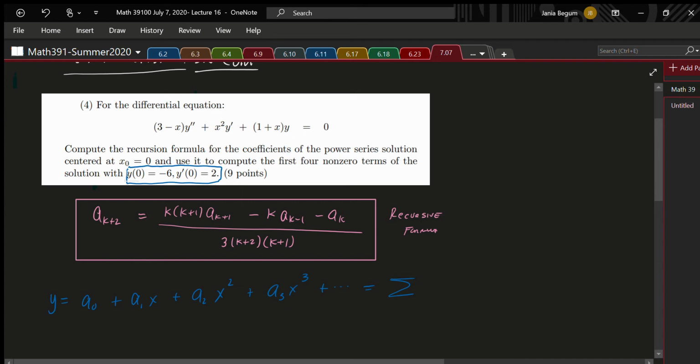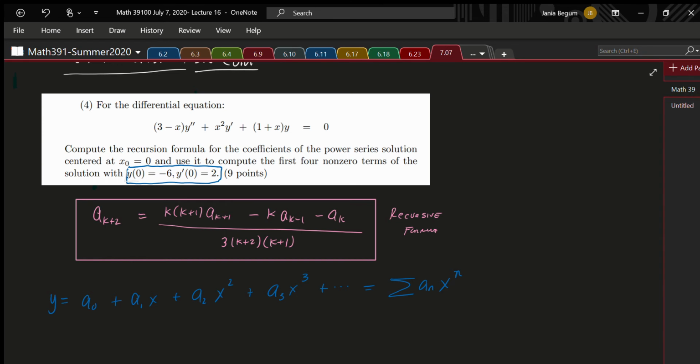In closed form, we say this is the infinite sum. I'm ignoring the indexing, and I show you guys it's okay for this course. So ignoring it for now, a(n) x to the n. That's the closed form for this expanded infinite sum. Now, how do you use the initial conditions? Well, where do you apply y of 0 equal -6? You apply that to the solution you just came up with, right?